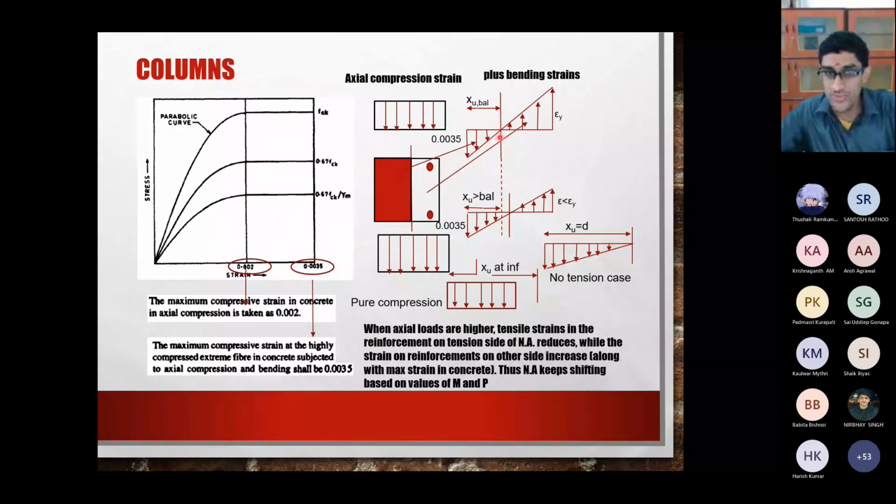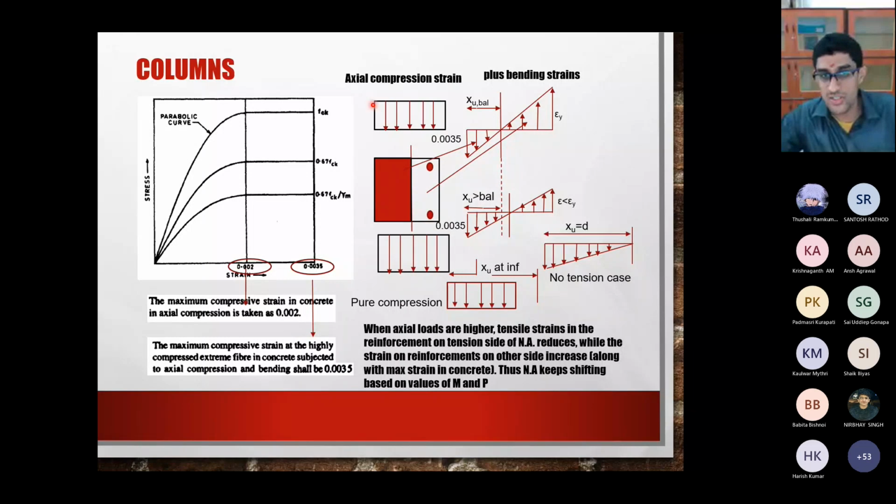For example, I have just shown two things: pure compression and pure bending. Now, let us say that I am fixing this bending profile, and I keep increasing the compression in my column.